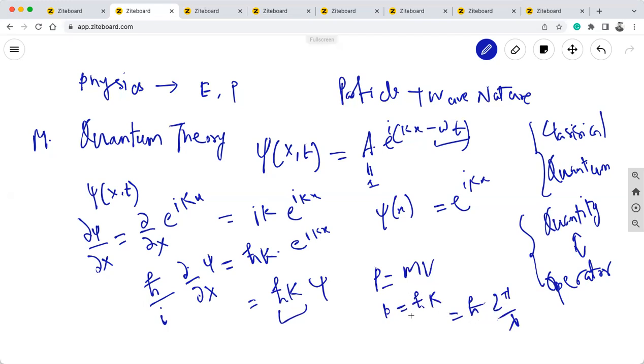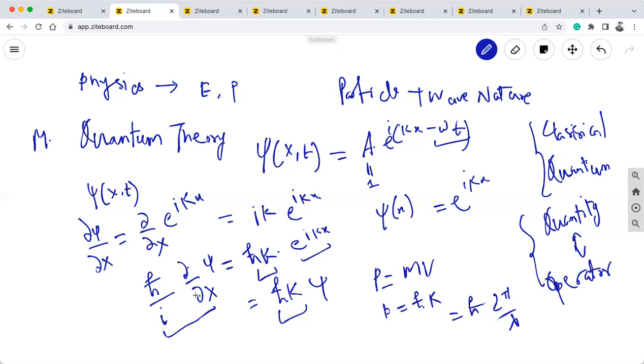And this p has another description. This part is the momentum part, and this is your wave function. If you see the equality, this has an operator notion. So del x is what? A derivative.